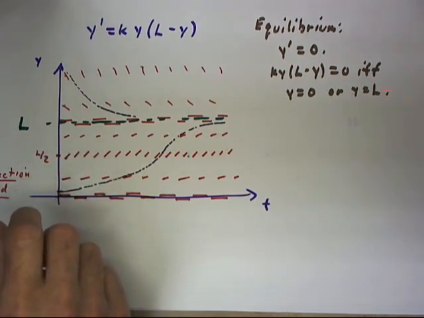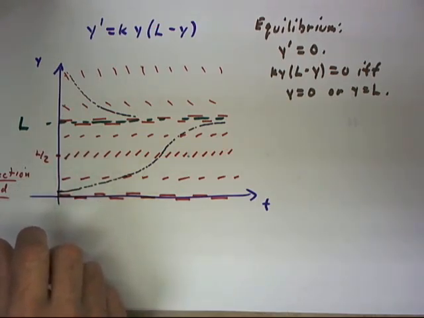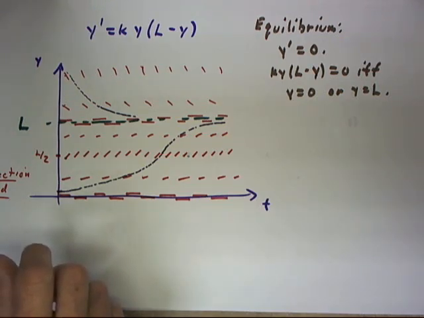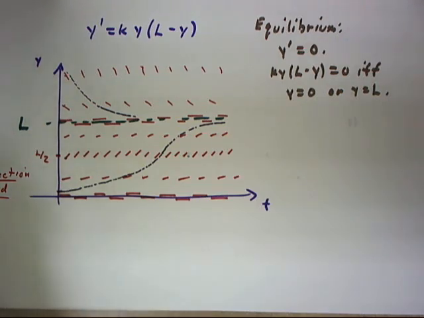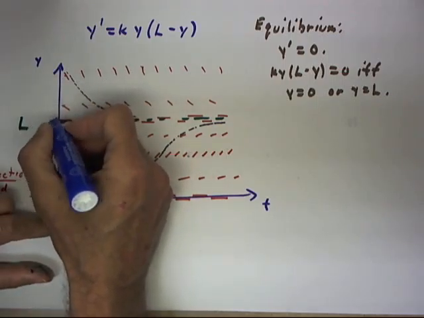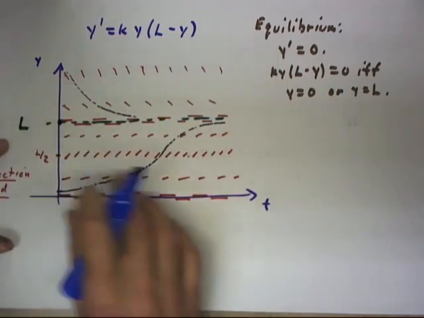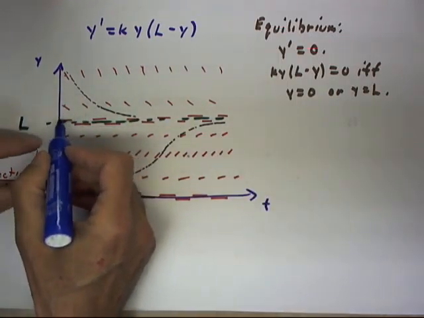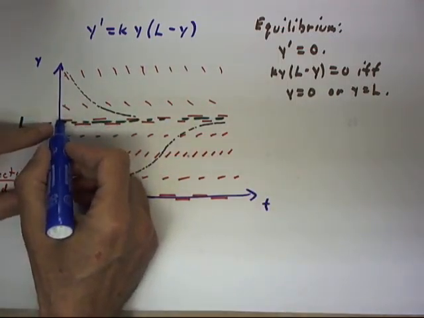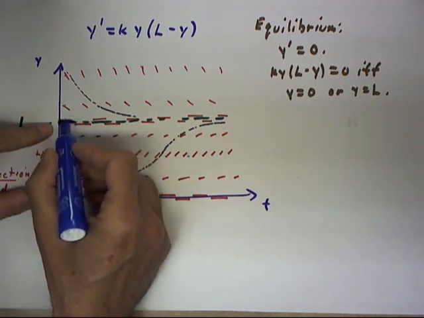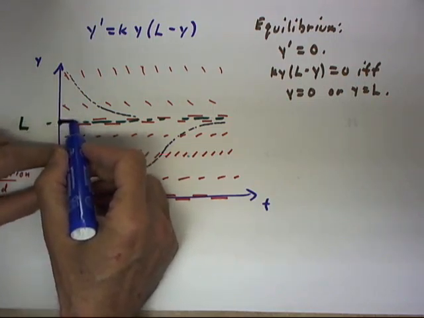We can go a little further than we have. If we happen to have a point on the y equals L line, let's just say our initial point is right here, or we could start at any point. Of course, we could start at any time. Well, our slope is 0, so we're not going to go up or down. And when we get to our new point, the slope is still going to be 0.